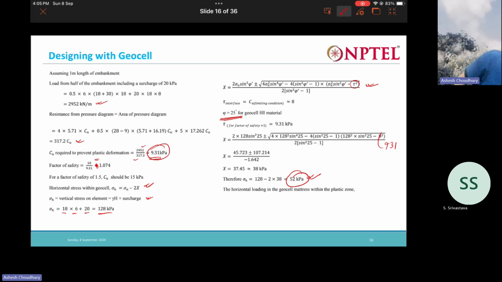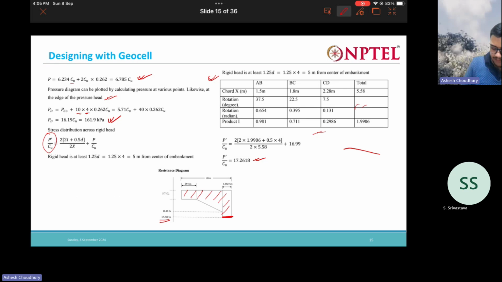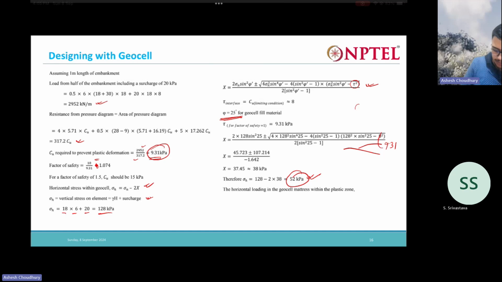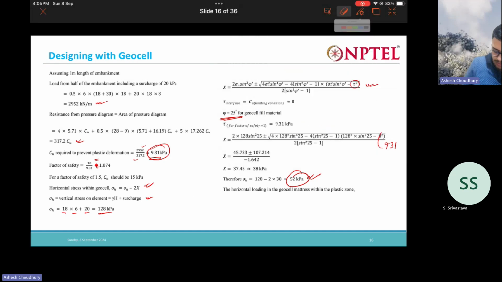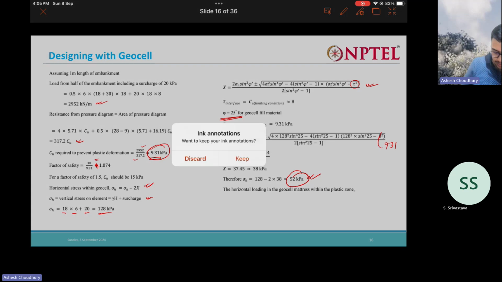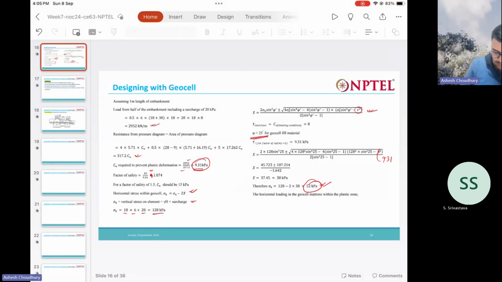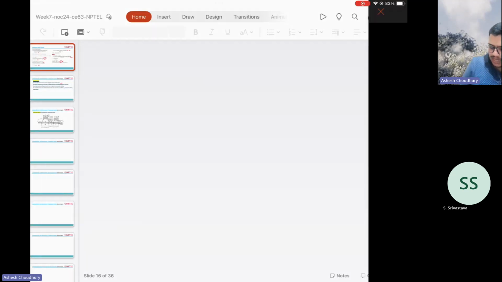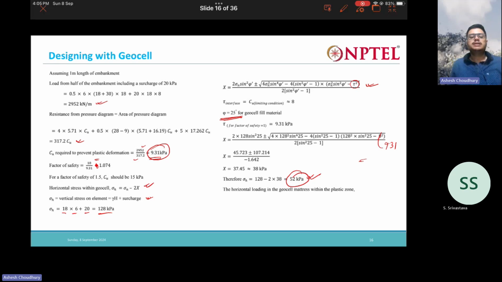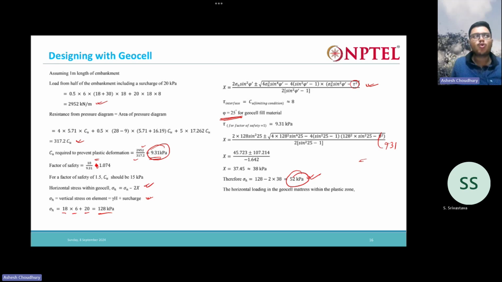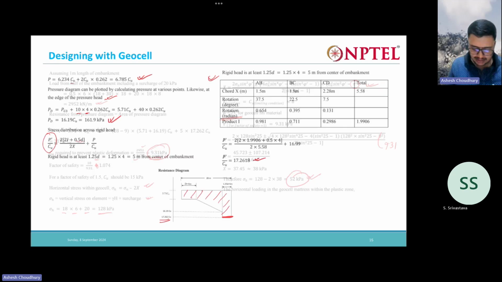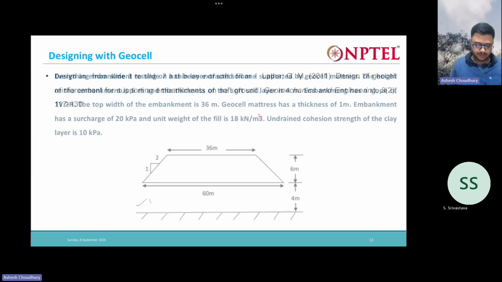Here I feel I made some mistake. So what I suggest is that please go through the paper that I suggested at the last.